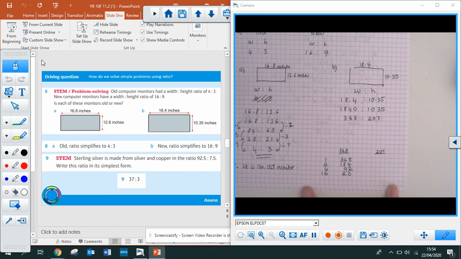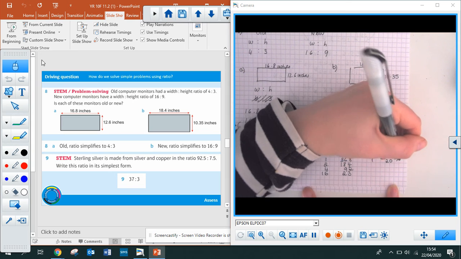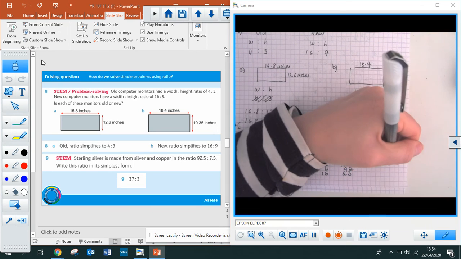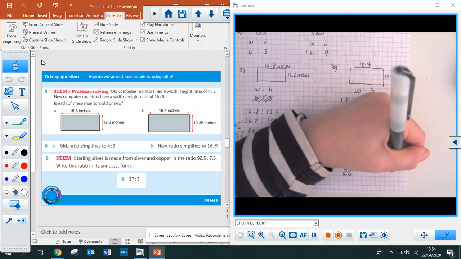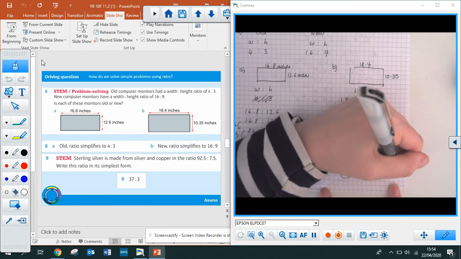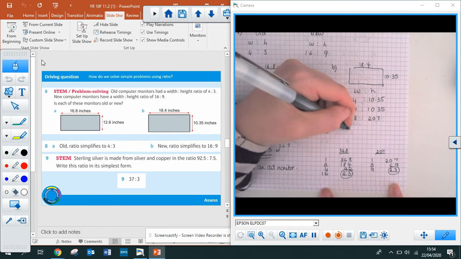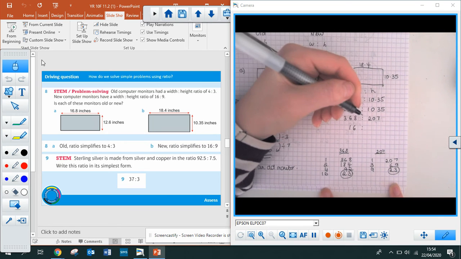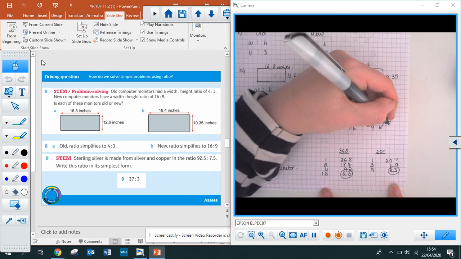For 207, you're going to have 1 and 207, 3 and 69, and then 9 and 23. The highest number in both is 23. 23 is what I'm now going to divide them both by. If I divide by 23, that gets me to 16 to 9.